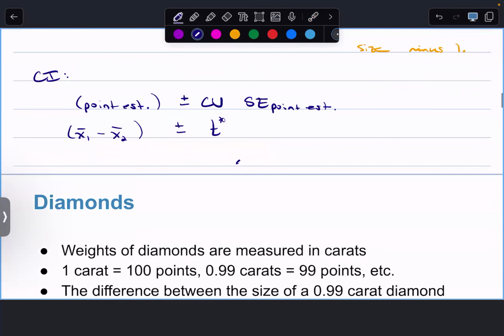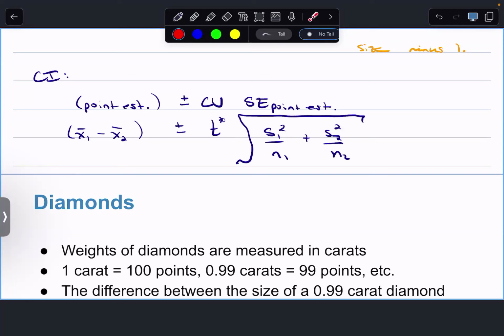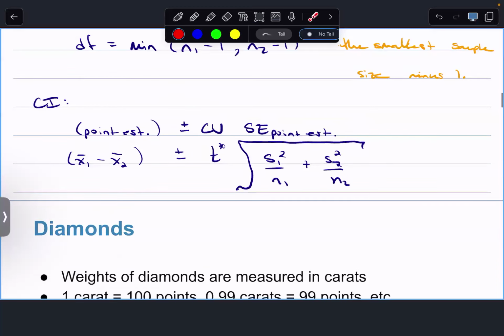Times the standard error of the point estimate, which is still S1 squared over N1 plus S2 squared over N2. And that's your confidence interval for the difference in the means, right? Interpretation gets a little bit boggy, right? Because now we're talking about the difference in these two means, right? But we'll see an example.